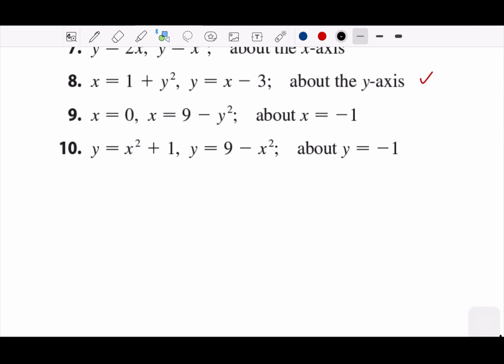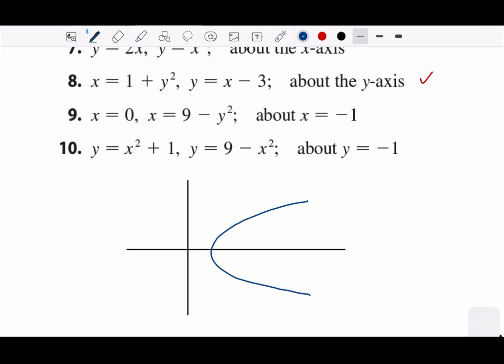So for number 8, we have x equal 1 plus y squared, and then y equal x minus 3.